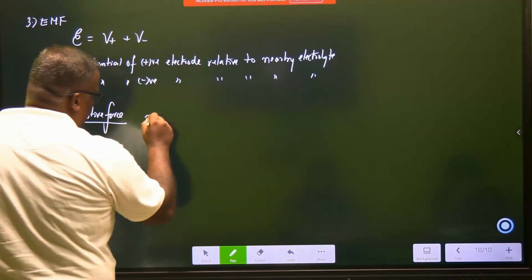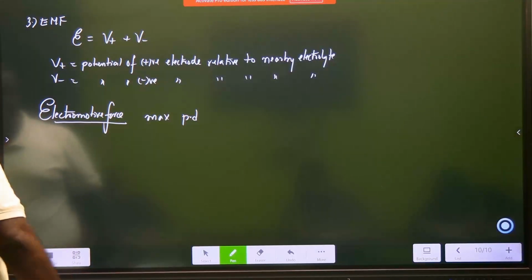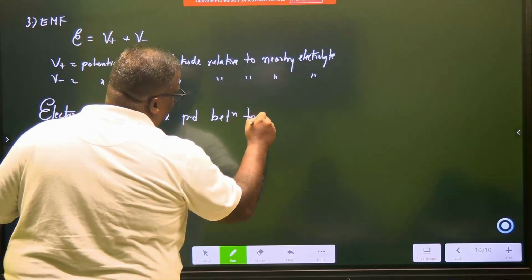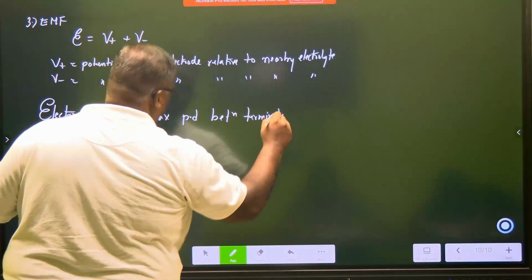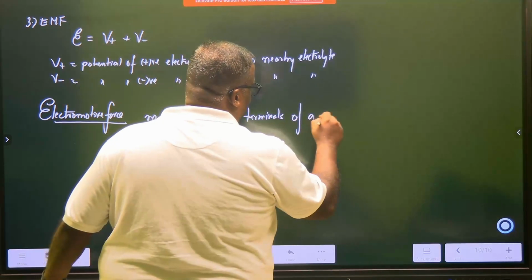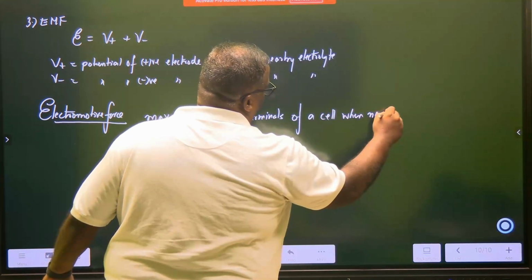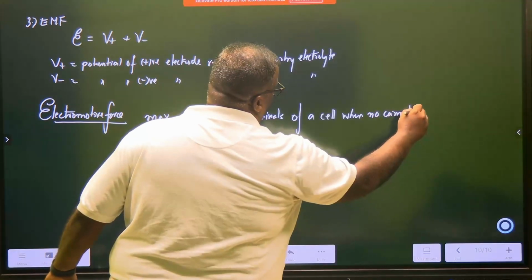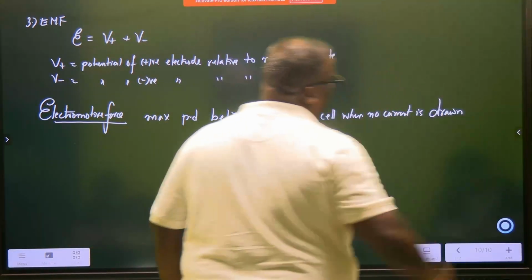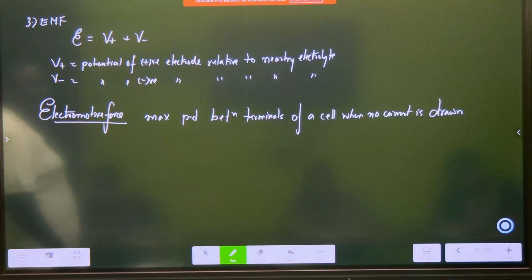So we say it is the maximum PD between terminals of a cell when no current is drawn. When no current is drawn, right?